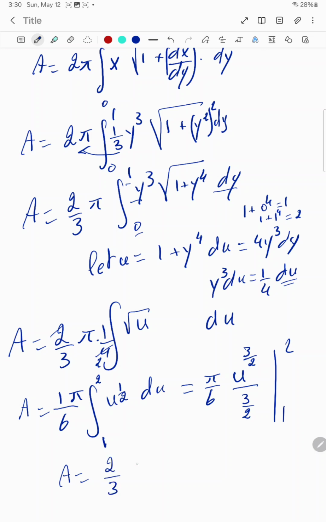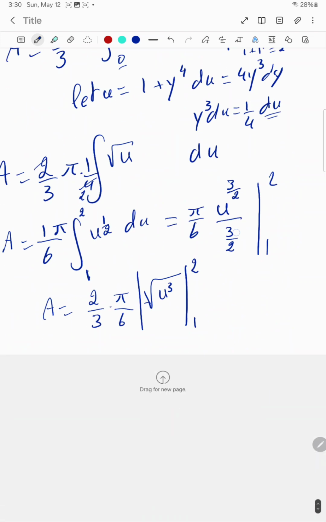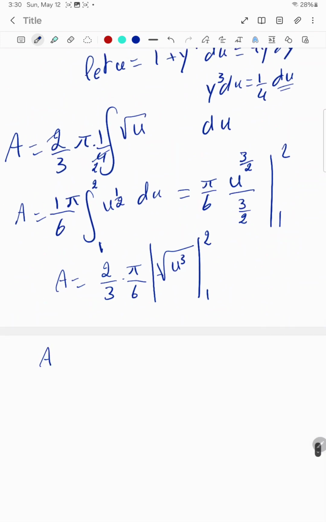So my area becomes 2 divided by 3 times pi divided by 6, square root of u to the power of 3 between 1 and 2, and let's do the calculation now.